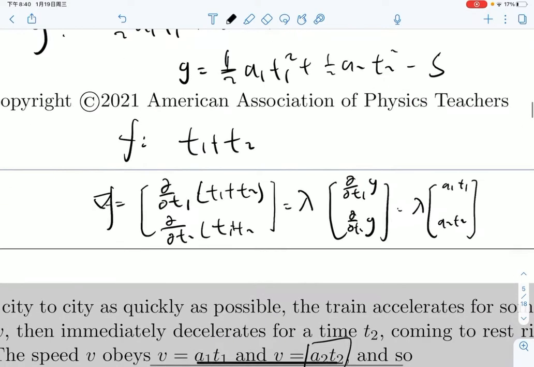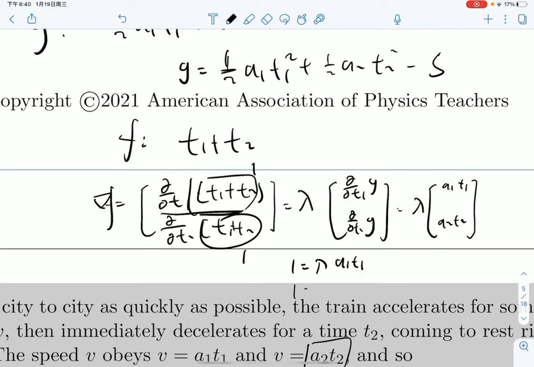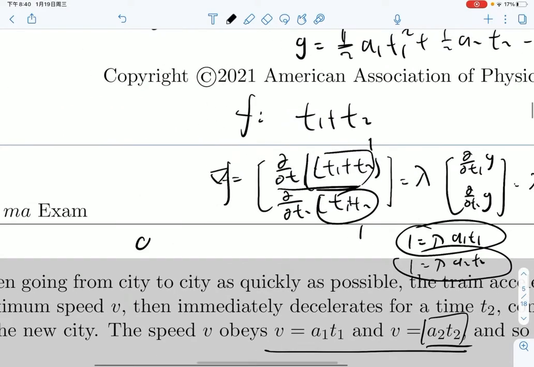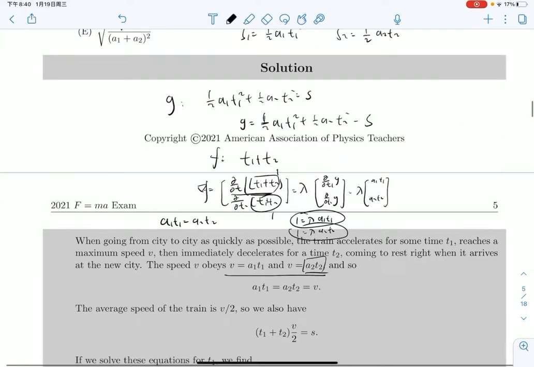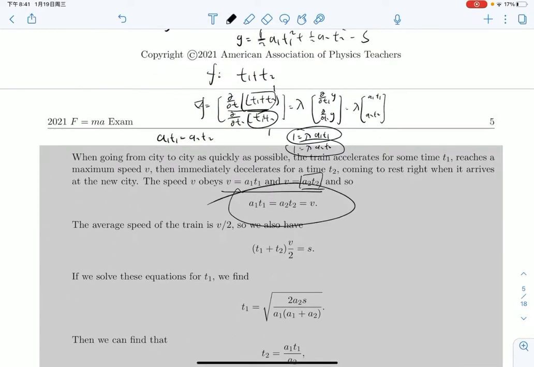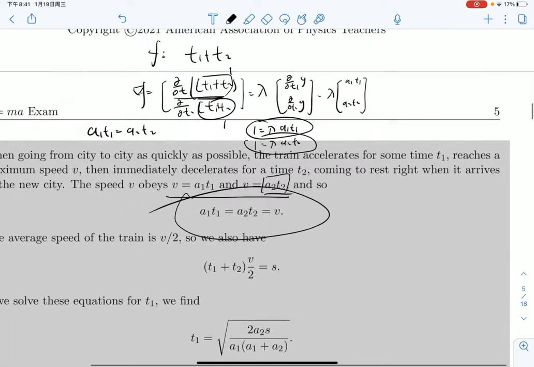And the left terms are basically 1 and 1. So 1 is equal to lambda a1 t1, and 1 is equal to lambda a2 t2. You can see these terms are equal to each other, and you will have a1 t1 is equal to a2 t2. So that is how this term came to be.